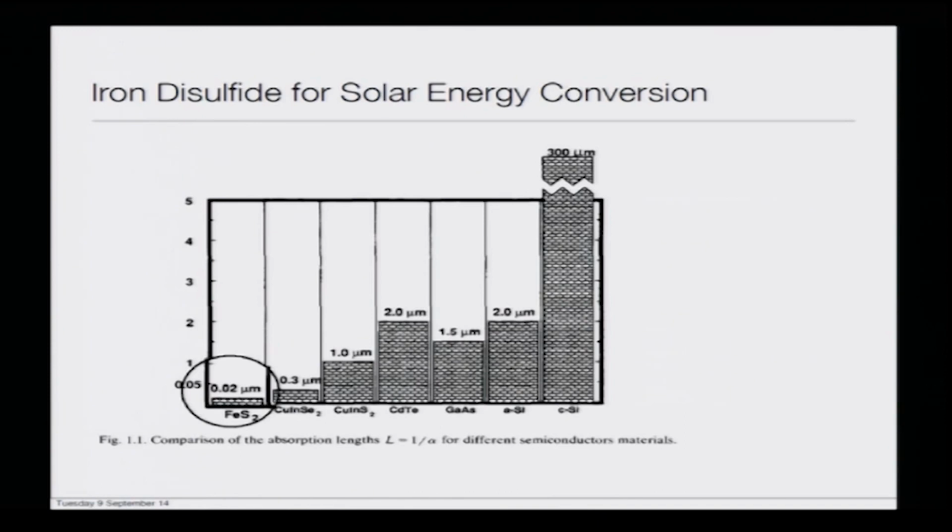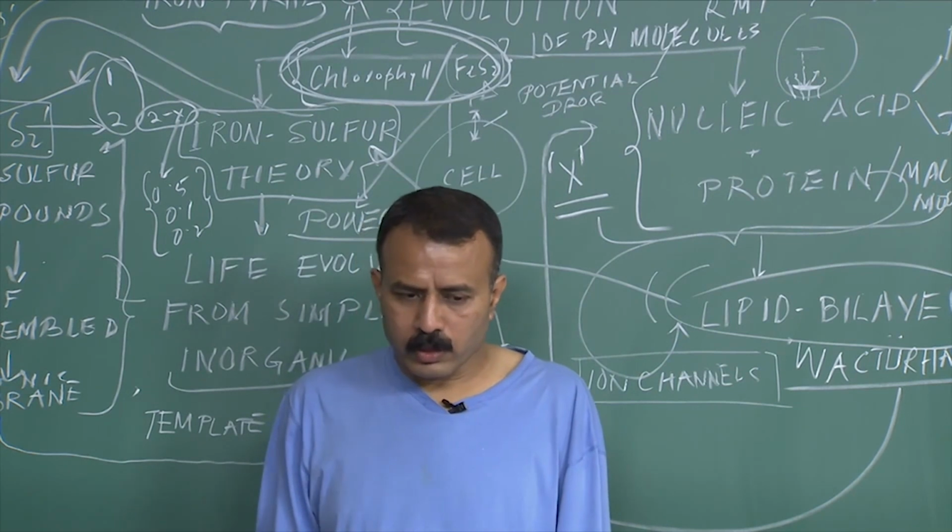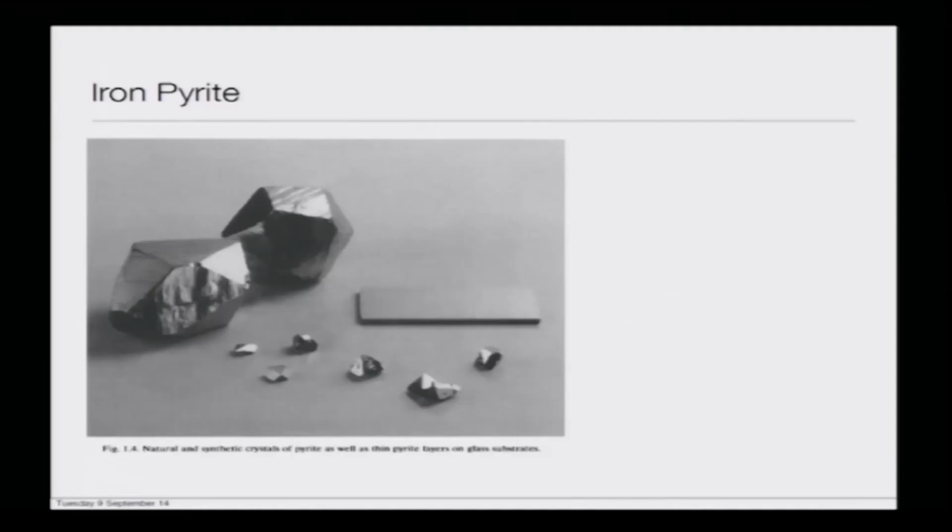So, there is a lot of research going on this iron sulfide, because it is ubiquitous, it is non-toxic, and by this time you must have been wondering that it has remained an integral part of our whole evolution. So, okay. Coming back, these are some of the crystals of iron pyrite.